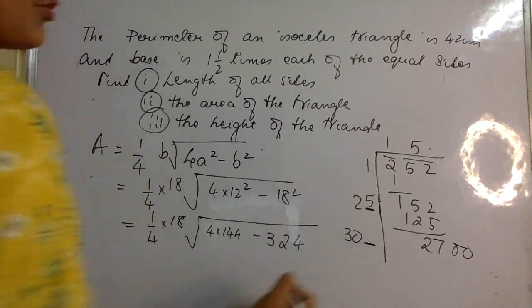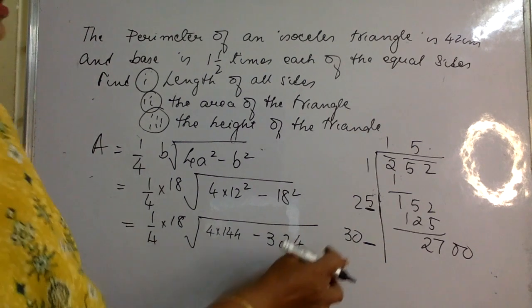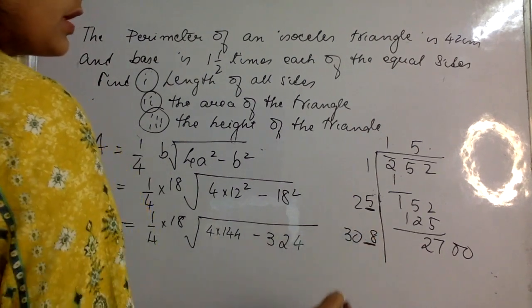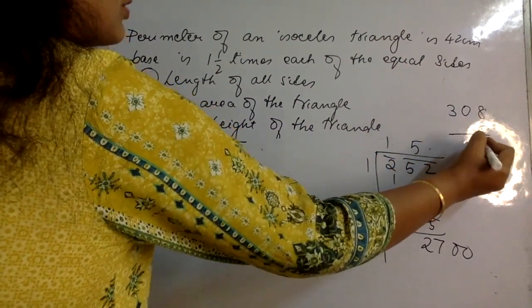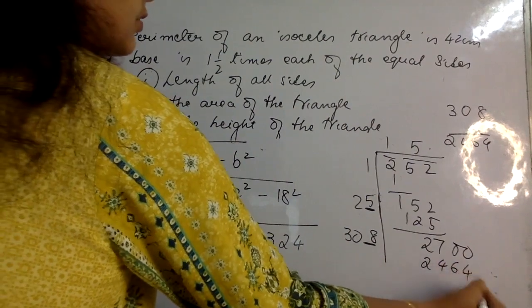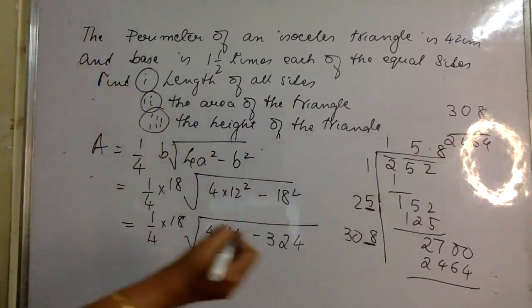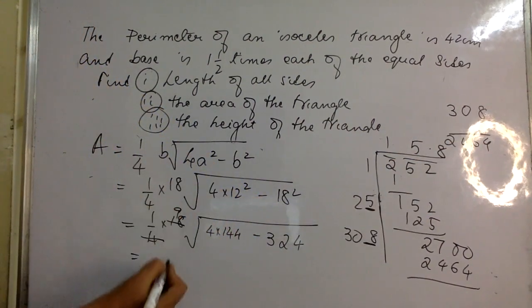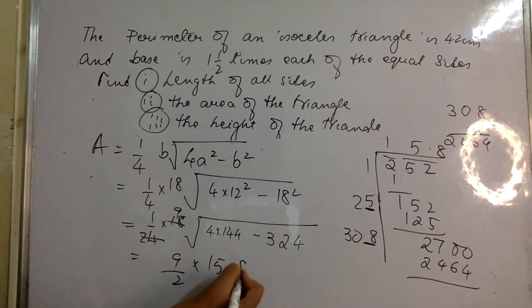Okay, what should I put here? If I put an 8 here, then 308 into 8, that is 2464. I go very close to this. Okay, so I can write here 8. So this is here 9. 9 by 2 into 15.8.